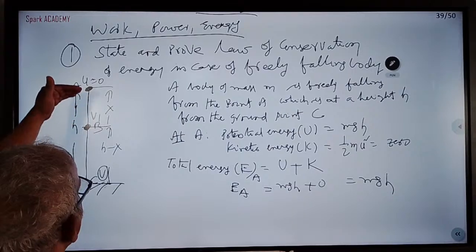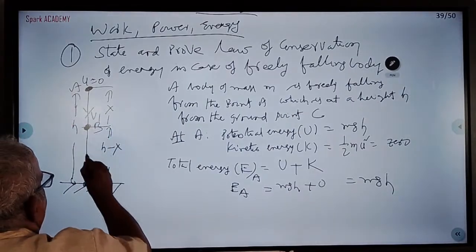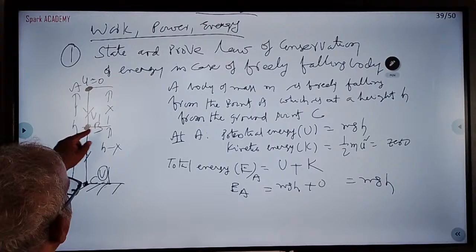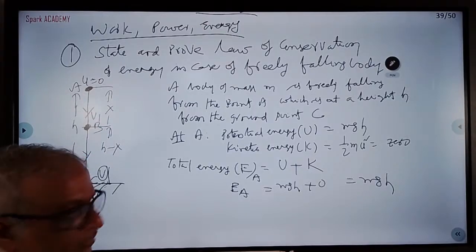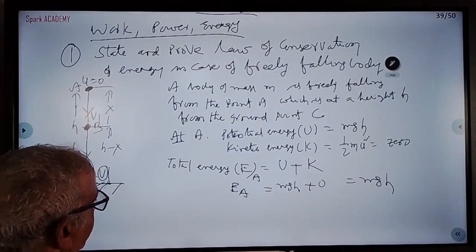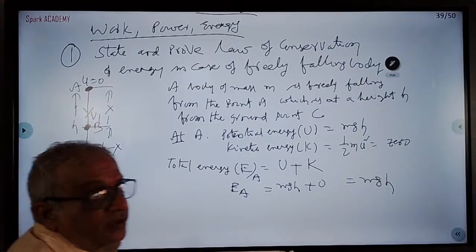Again, after A, the body is falling down. It reaches B. Before reaching B, it travels a distance x. So I am writing in the next page. Please remember this diagram.